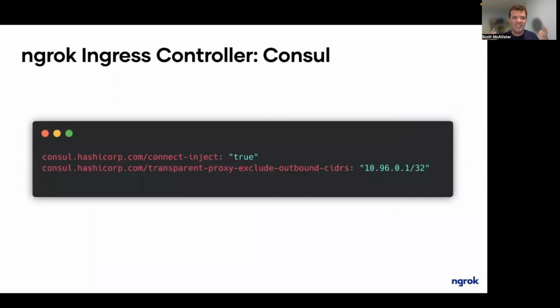They both use a lot of the same things that are needed for the ecosystem to work well together. In fact, you only need these two lines in your pod annotations to get ngrok into a Consul service mesh. This shows the power of following community standards and playing nice in the ecosystem.